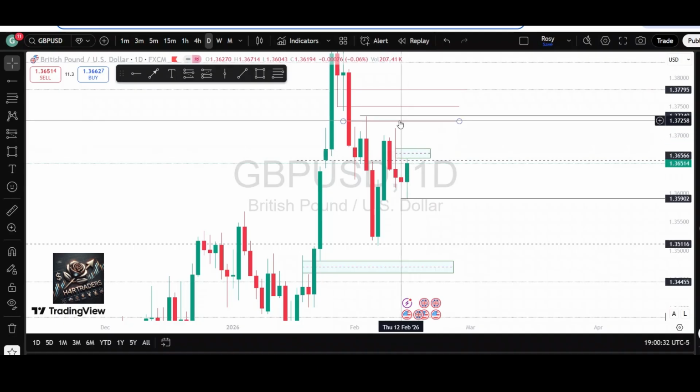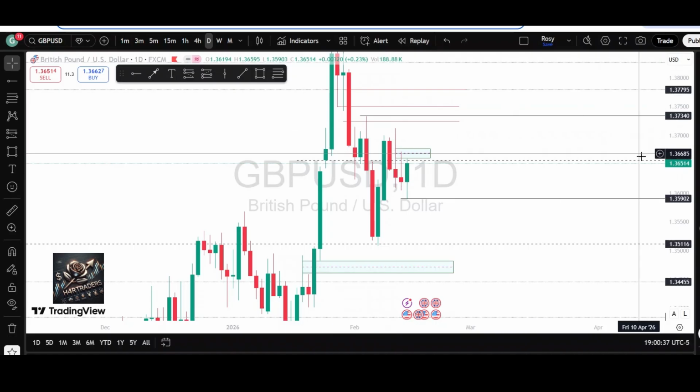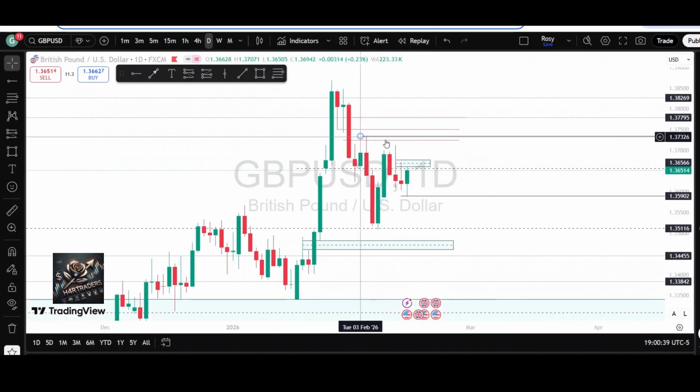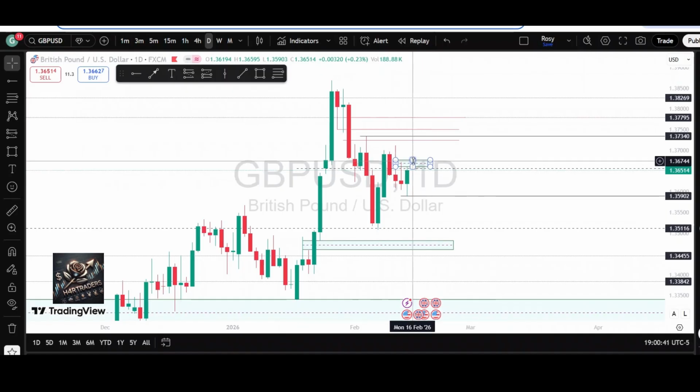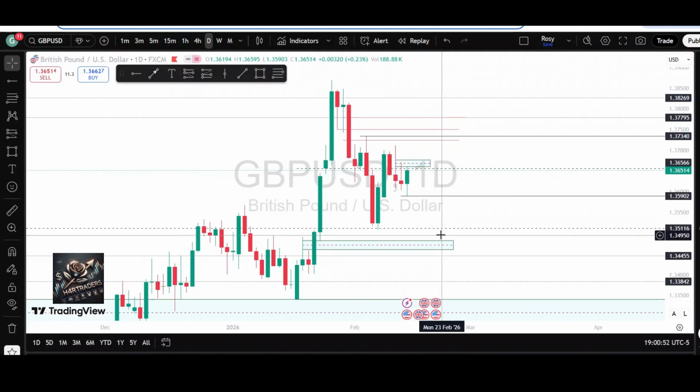If it's not holding, I begin to look at this mapped out area for a reason, and those reasons are on the daily time frame. But first of all, let's watch this area, probably this area, for price to go down. If price goes down, once it gets to this area, there may be a little pullback on the upside before it continues to drop.